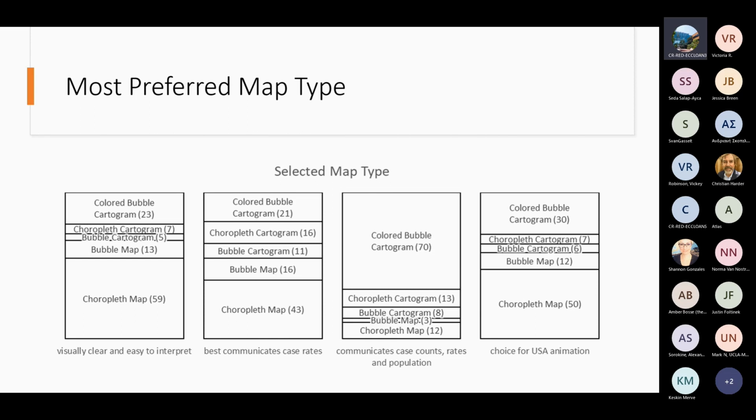And their final choice for the USA map was 50 for corpus, 12 for bubble, 6 for bubble cartogram, 7 for corpus cartogram, and 30 for colored bubble cartogram.